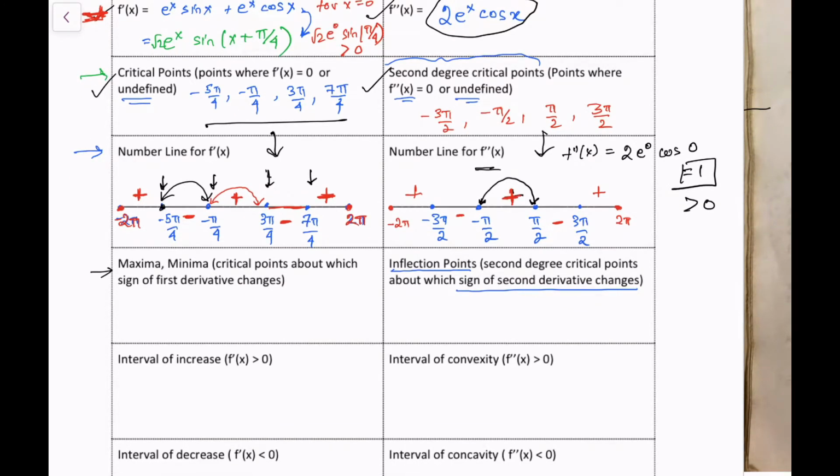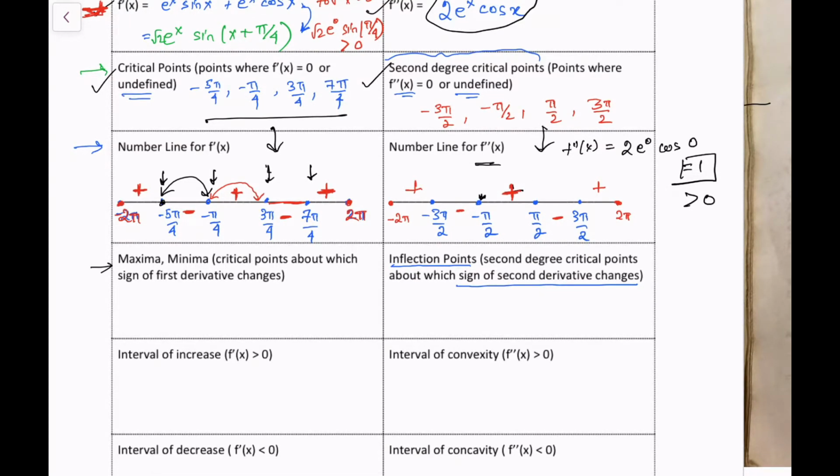Okay, so we have found a very interesting description of the first derivative and the second derivative. We have found where it is positive, we have found where it is negative. Now, when the first derivative changes from positive to negative, like the one that happens here, about negative 5 pi by 4, we will have a local maxima.